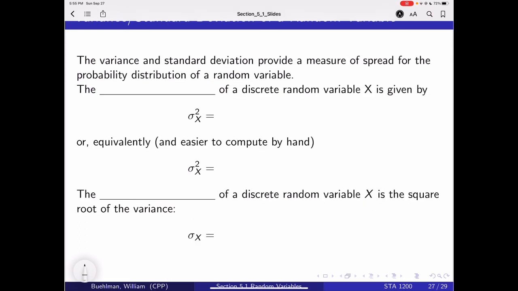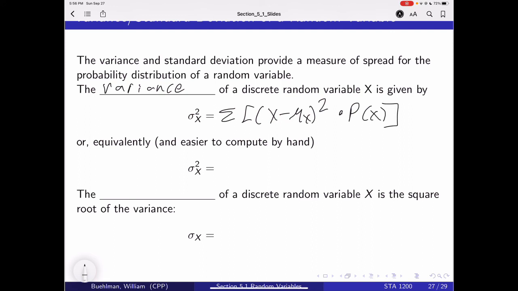The variance and standard deviation provide a measure of spread for the probability distribution of a random variable. The variance of a discrete random variable x is given by the following. It is the summation of x minus mu of x squared times the probability of x.